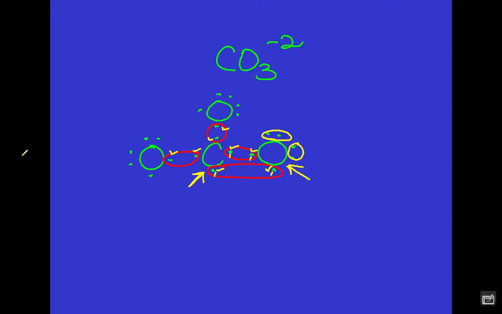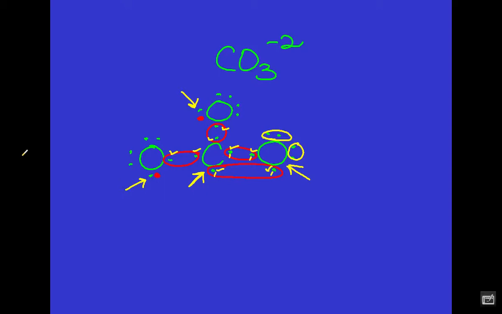But if I look at the other 2 oxygens, this electron doesn't have a partner, and that electron does not have a partner. So in order to become stable, this grouping of all of these atoms picks up 1 electron here and 1 electron here.